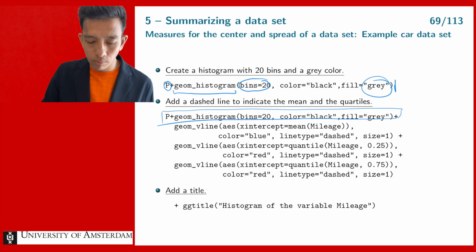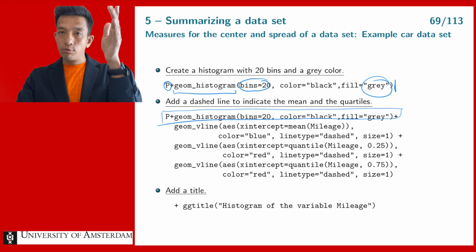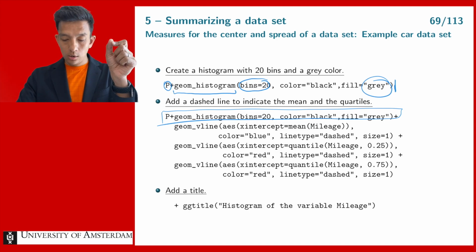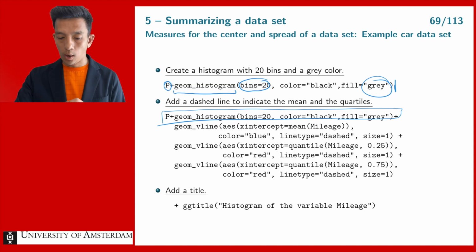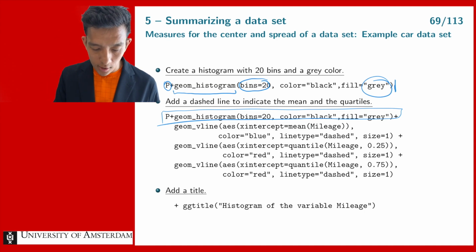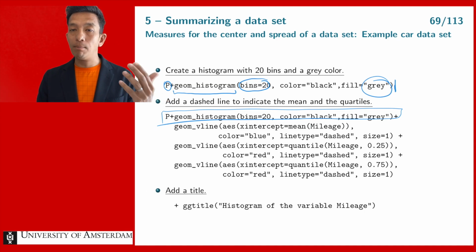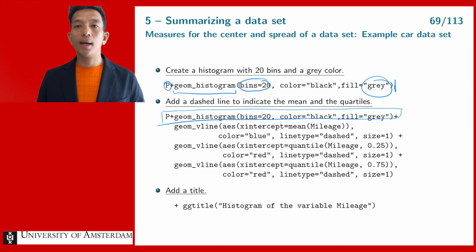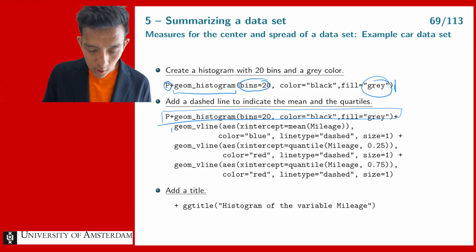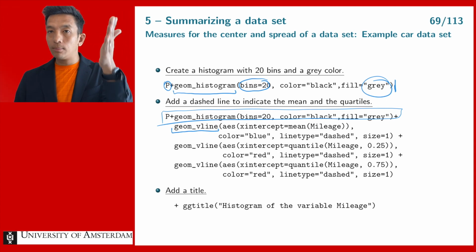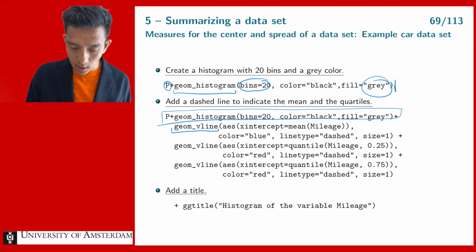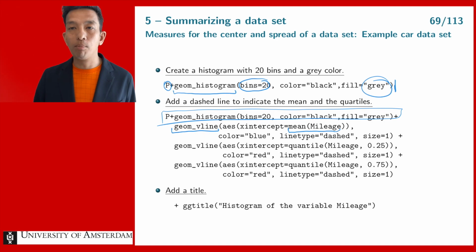I want to add something else. I want to add a vertical line indicating the mean and the first and third quartile. So I have my first layer, P, my base layer. Then I add a second layer, which is the histogram. Then I add another layer, which is a vertical line, V line, where my intercept, where I touch the x-axis, is, for example, the mean of mileage.